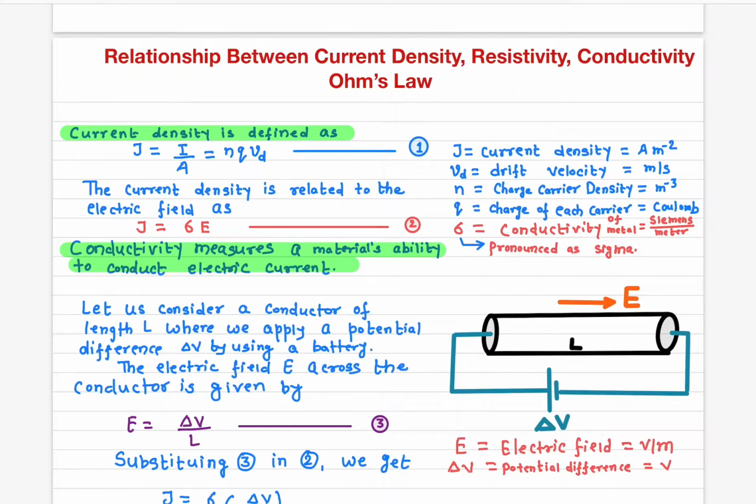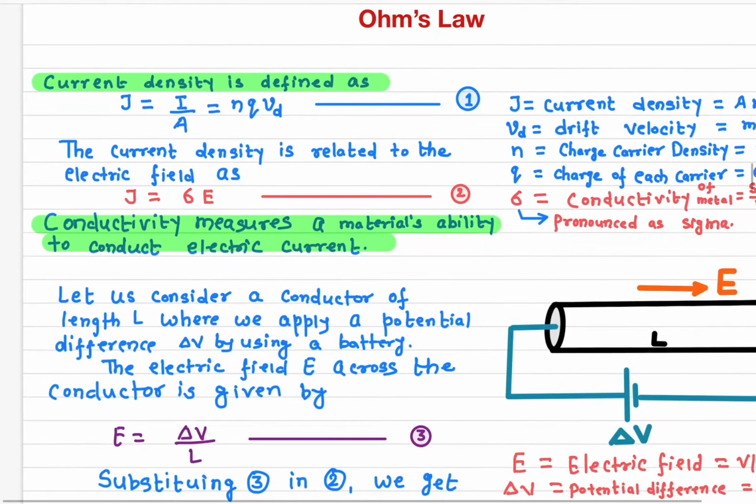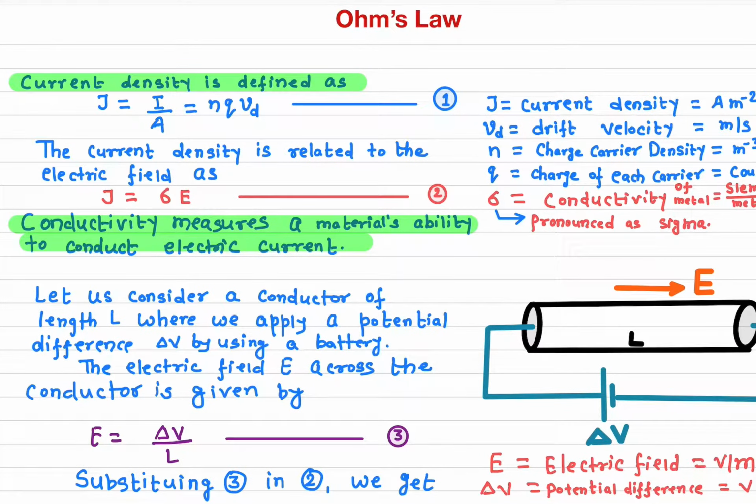In a separate video I will talk about what resistivity, conductivity, and resistance are. So the goal of this video is to introduce the relationship between all these physical quantities: the current density, resistivity, and conductivity.